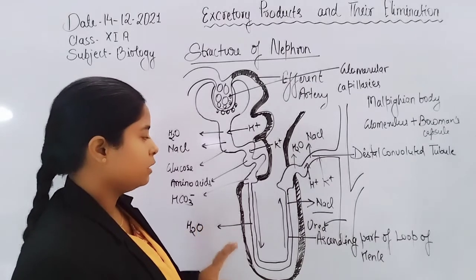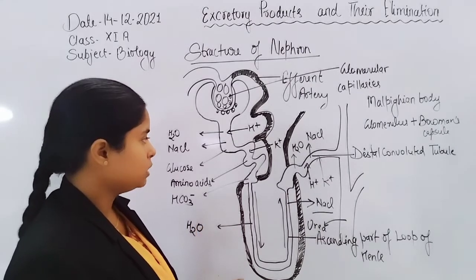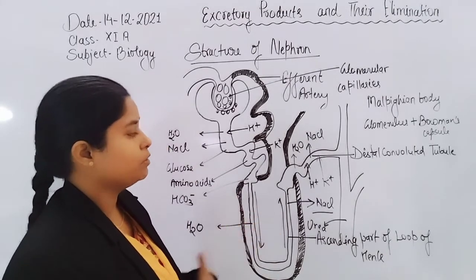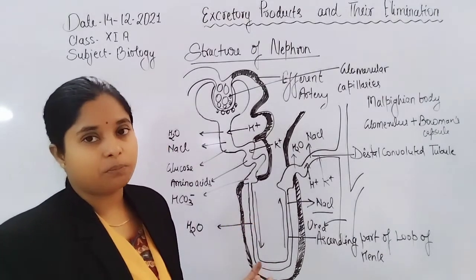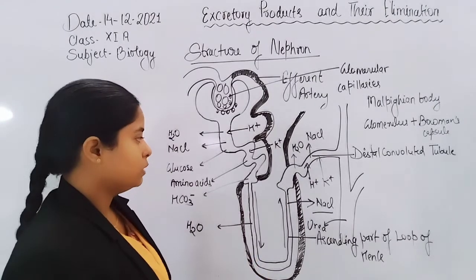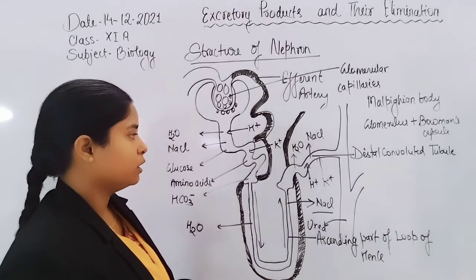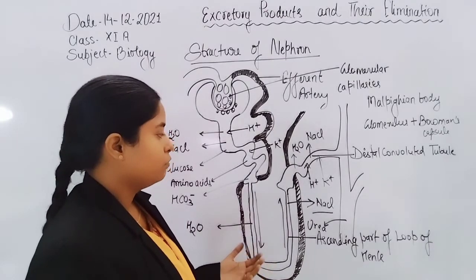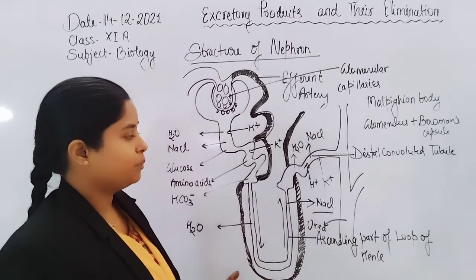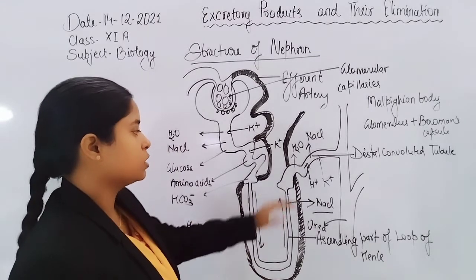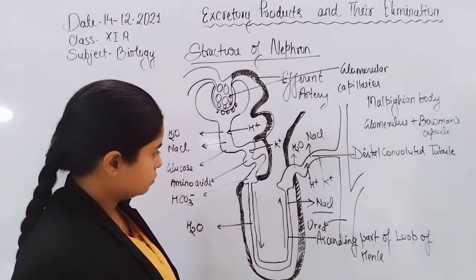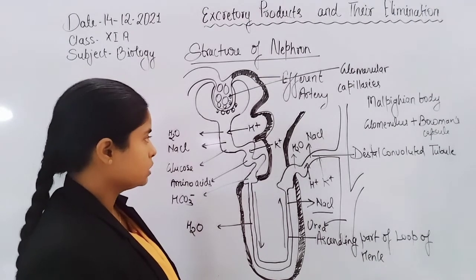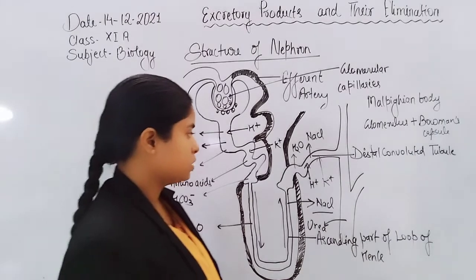Now water gets reabsorbed, sodium also gets reabsorbed, but some protons, which make urine more acidic, if they are not secreted by our body, the pH of our body may decrease in the presence of protons. So for maintaining our pH, the H plus is also secreted into the DCT part from the interstitium.